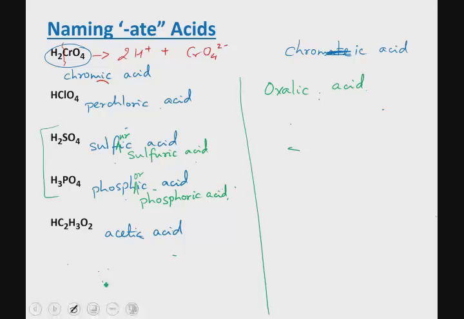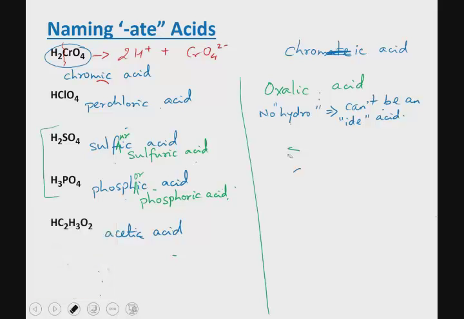So how do we do that? Hint number one. Note there is no hydro. If there is no hydro prefix, that means it can't be an -ide acid.